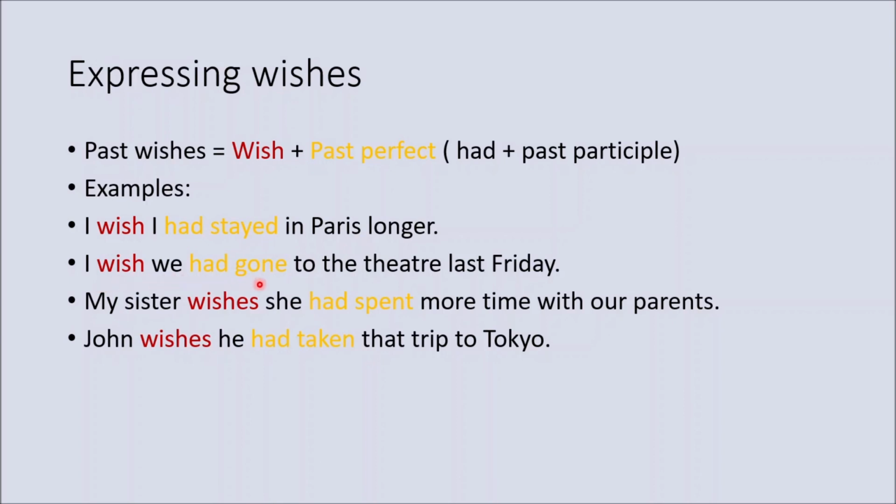I wish we had gone to the theater last Friday. My sister wishes she had spent more time with our parents. John wishes he had taken that trip to Tokyo. Examples that express past wishes or regrets.